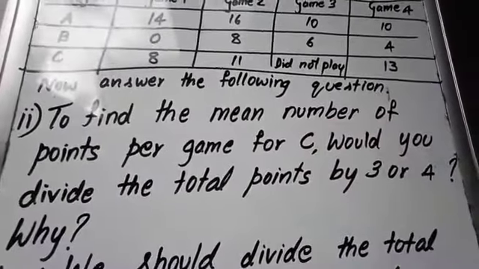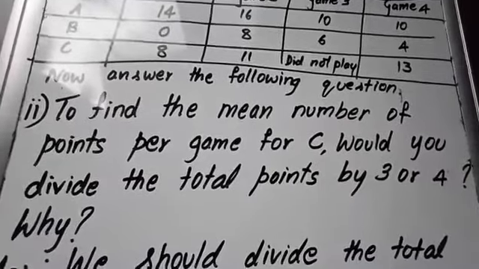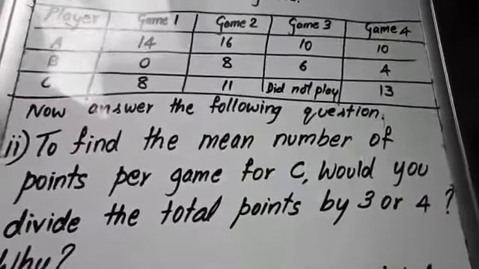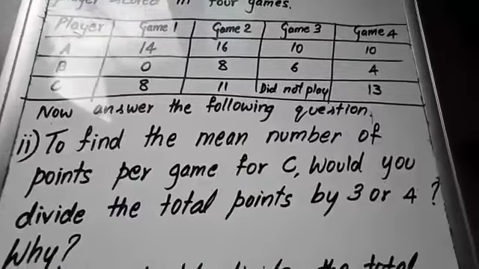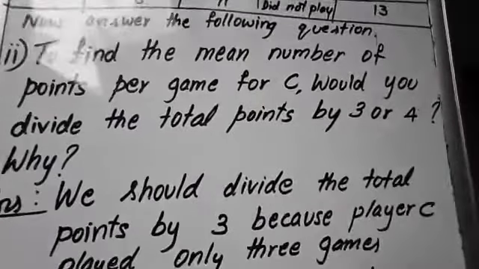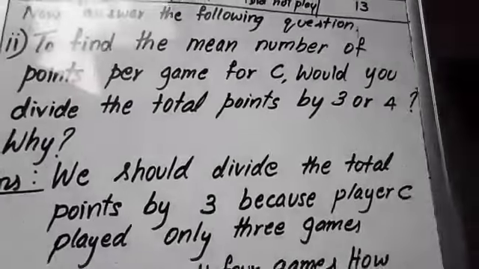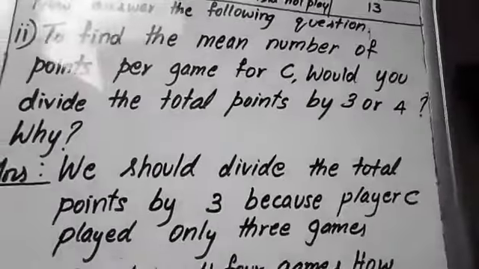One time he did not play, so while finding the mean, we should divide by only 3 because the number of games he has played is only 3. So we conclude the answer: we should divide the total points by 3 because player C played only 3 games.